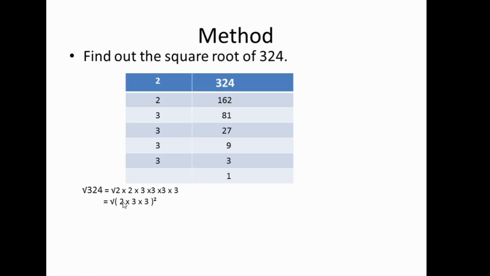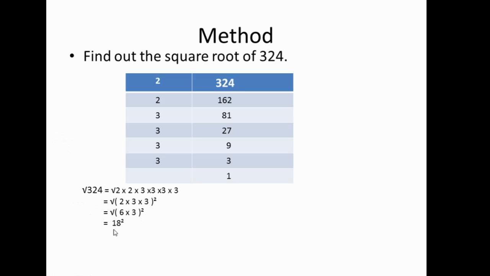Basically I have taken the numbers from a pair, so we need to put this in the form of a power, and as the numbers are in a pair of 2, I have placed a 2 over here. Now we simply multiply them. 2 multiplied by 3 becomes 6, and the 3 comes as it is, and this 2 remains as it is.